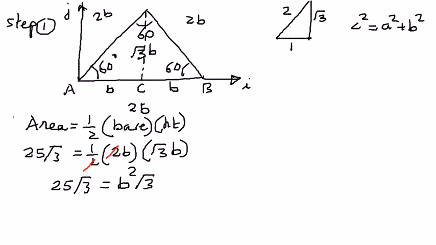Since we have square root of 3 on both sides, if we divide by square root of 3, they cancel out, leaving us with 25 is equal to b squared.